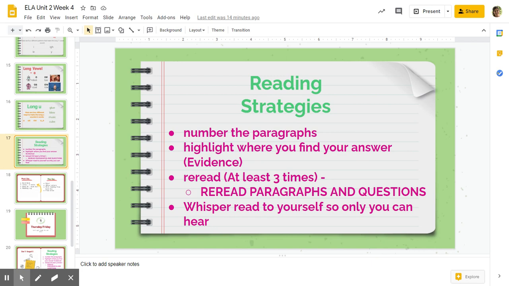So make sure you're going back and highlight where you find that information. And you need to make sure that you are rereading. Reread the paragraphs and the questions. Don't just think you're going to remember. You need to make sure you go back and reread, and especially reread if you are confused. Do your whisper reading strategy. Whisper read to yourself so only you can hear. All right, good luck, boys and girls.